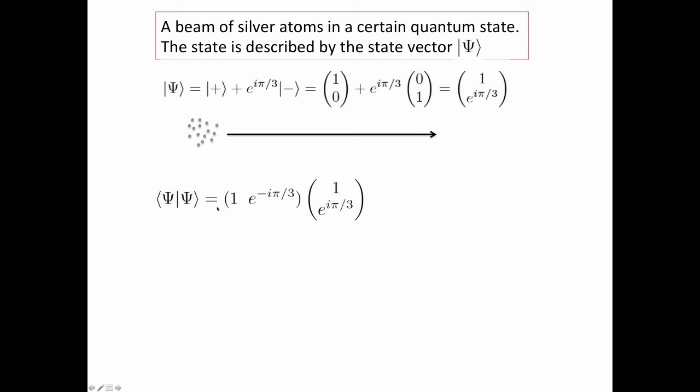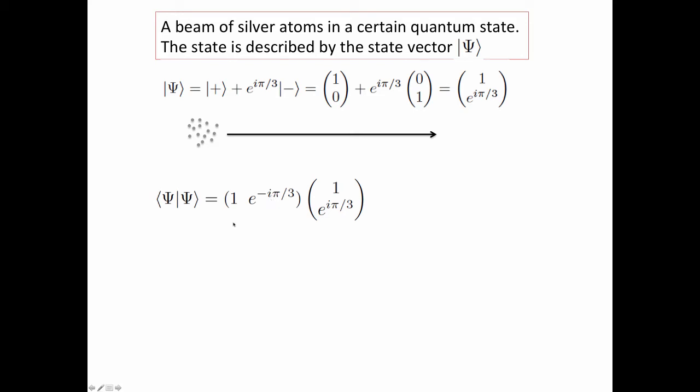All that means is we turn every column into a row and vice versa. We also take the complex conjugate of the elements of the column vector when we place them in the row vector. So the complex conjugate of e to the i pi over 3 is e to the minus i pi over 3. Again, we just stick a minus sign in front of the imaginary number i.